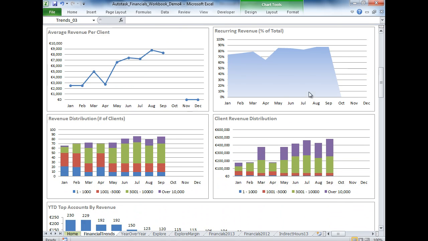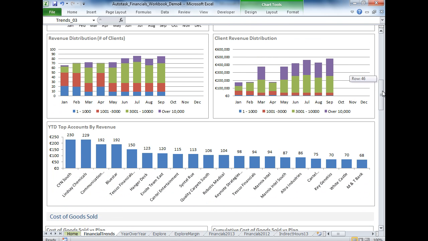I see my average revenue per client gathering steam and going up, and my recurring revenue as a percentage of my overall total, starting out around 70%, getting up towards about 86%. So a nice revenue curve. I see a distribution of revenue by the number of clients, based on the total dollars coming in from individual clients.